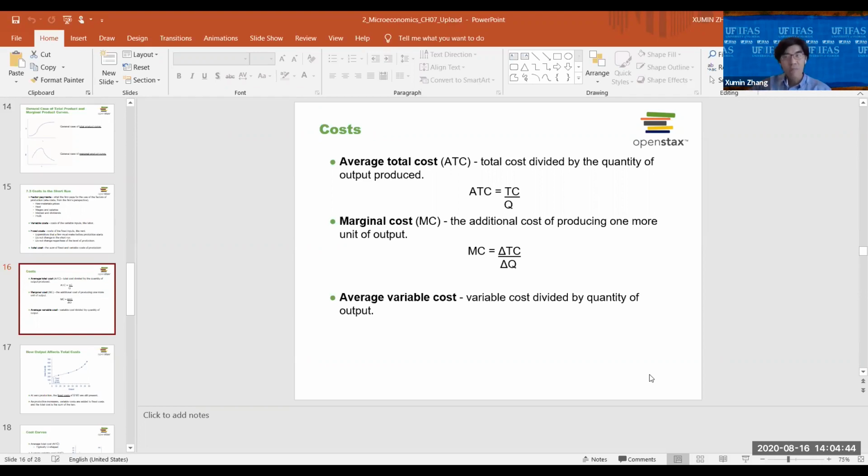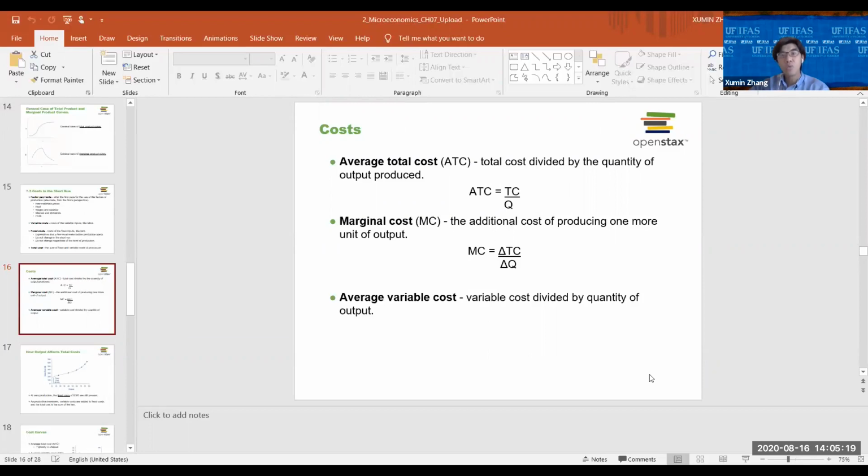This is extremely useful if you are an owner of a small business, if you are a manager, but you need to make the production decision based upon those theories. You have to understand your production. Although it's not explicitly telling you what is the function behind, you need to know that there are costs behind that.